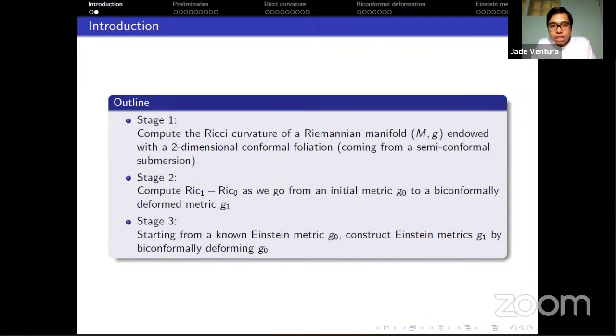And finally, stage 3: given what we know about the difference Ric1 minus Ric0, we now can start from a known Einstein metric G0, and then biconformally deform G0 to construct new Einstein metrics G1. So that is the outline of this work.